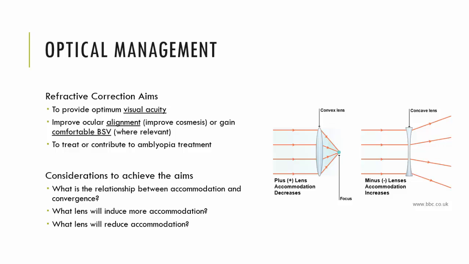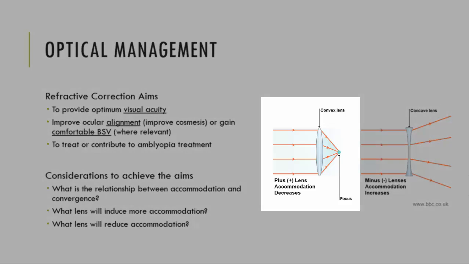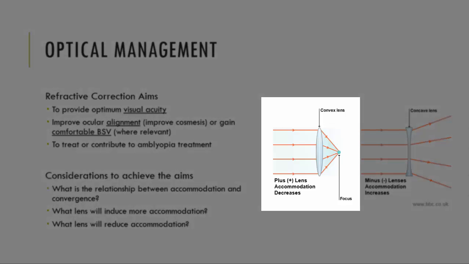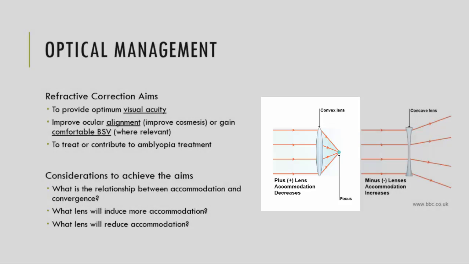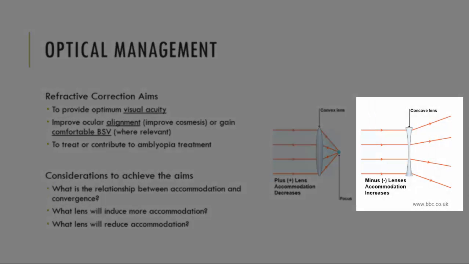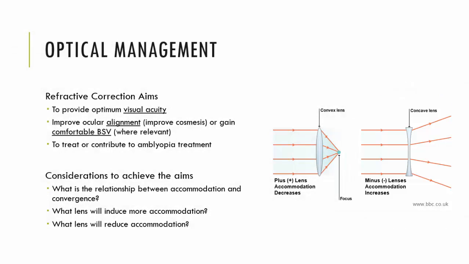And this you know as well. We know that a plus lens, which we give to a hypermetropic patient, will relax accommodation, versus a minus lens, which we give to myopic patients, induces accommodation. So when we're prescribing glasses, we need to have the relationship between the lenses and accommodative convergence at the forefront of our minds, because that will allow us to understand what its impact will be on strabismus.